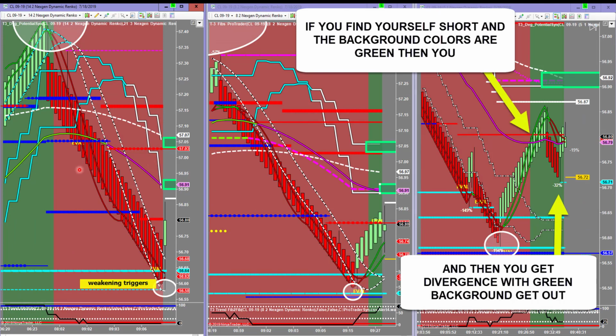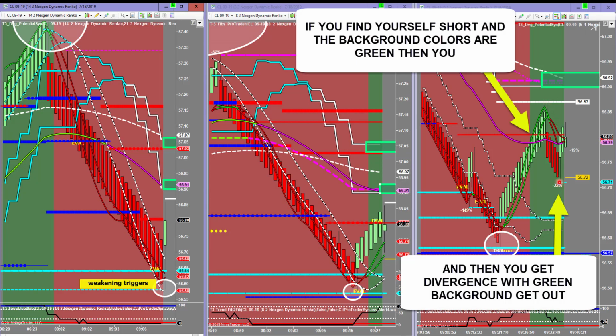All right, same thing. If the market is trending down and you go short, the flip side is true. So let's just say, hypothetically, you sold 56.79, which would be an appropriate thing to do. If you find yourself short and the background color turns green, number one, your stop's going to go above the pivot, so you have a stop in place.